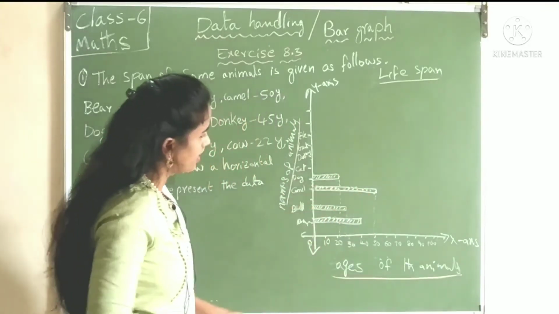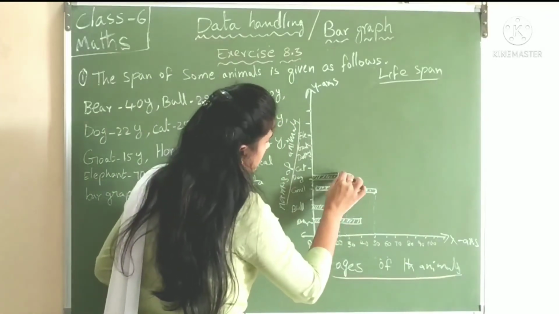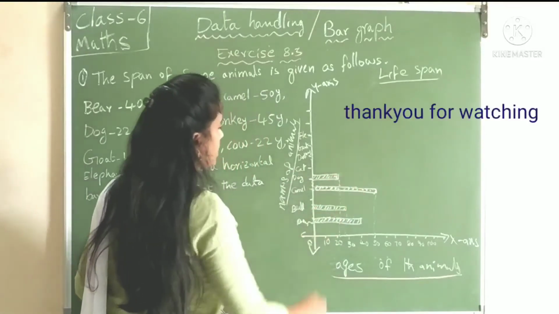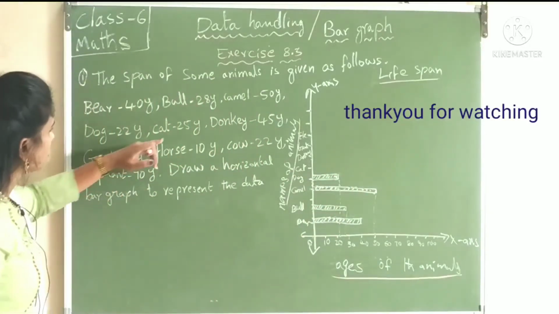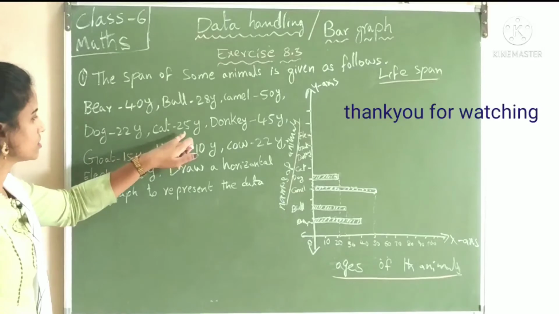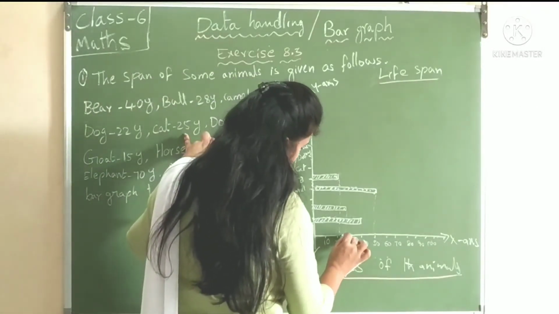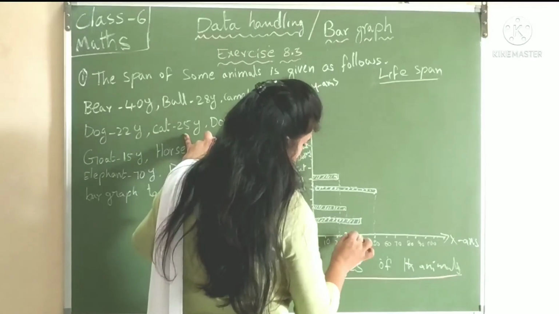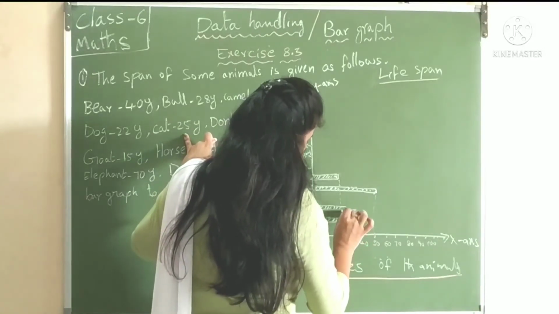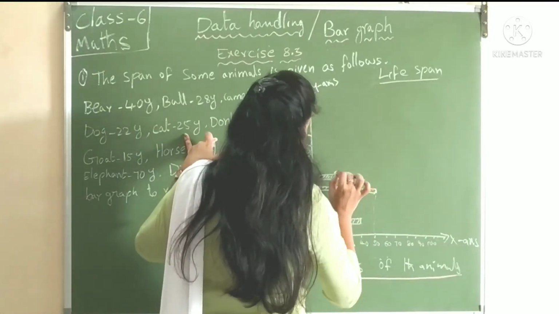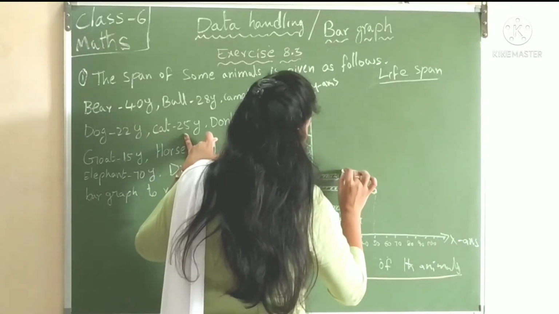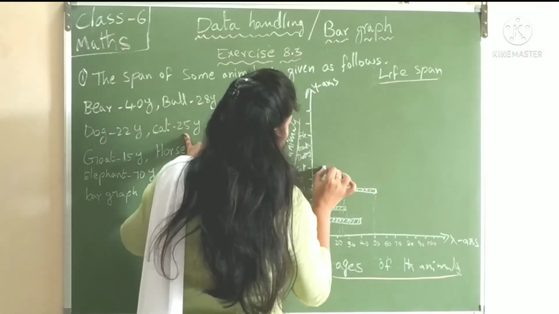This is the dog's age, 22 years. And cat has 25 years. Between 20 and 30 there is 25. Here 25, cat.